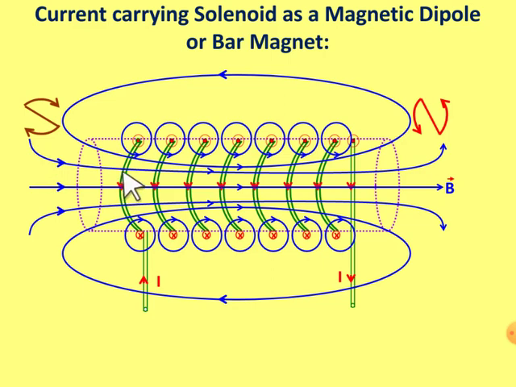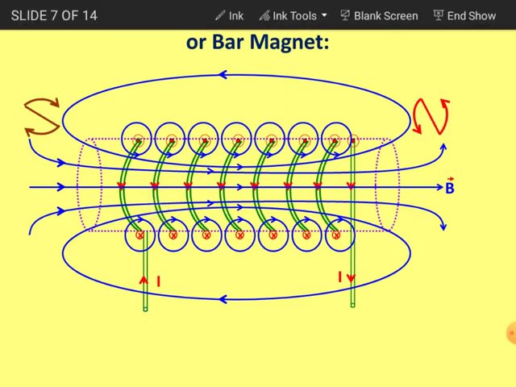Just like that, a bar magnet, if you cut it into different pieces, then what happens? Your bar magnet will have north pole, south pole, north pole, south pole, like that. Why? Because if a bar magnet is dissected into two parts, we know that a magnet will always have two poles.